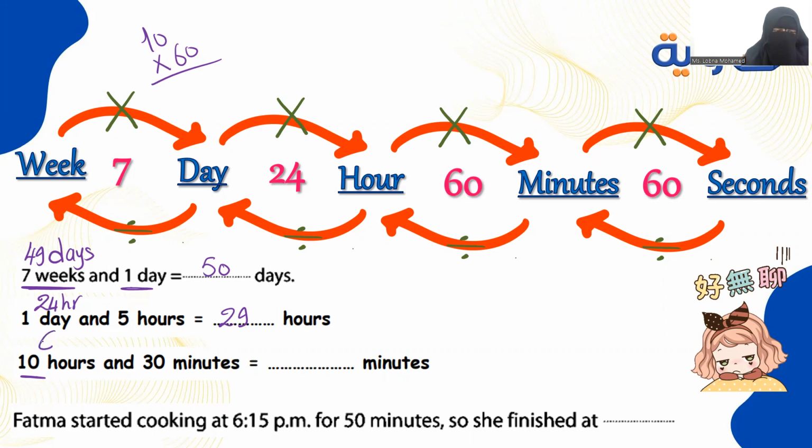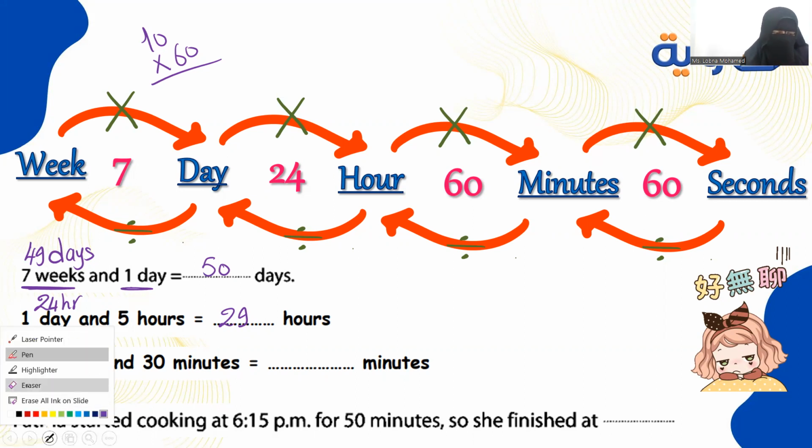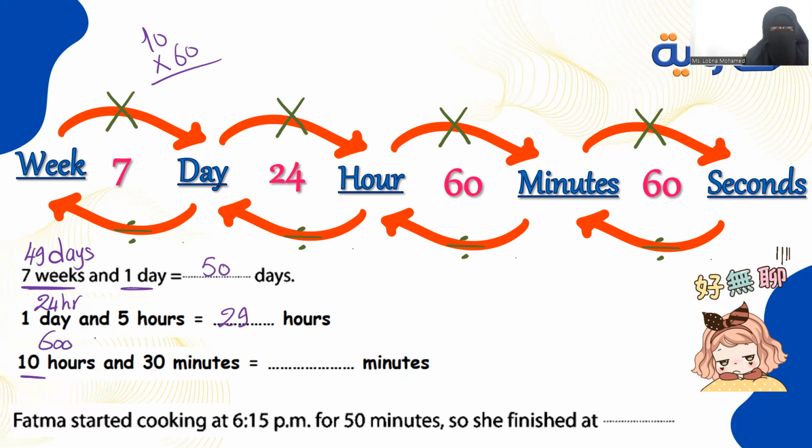So it's going to be 600. Sorry, not hours, this one is minutes. We already changed from hours. So 600 minutes and the 30 minutes. Now together it's going to be 630 minutes.